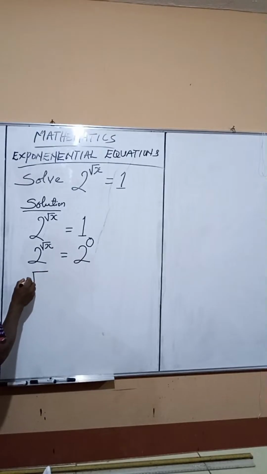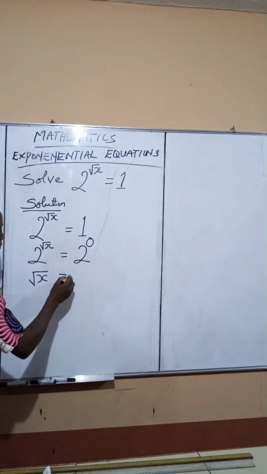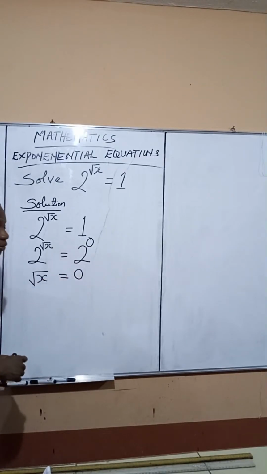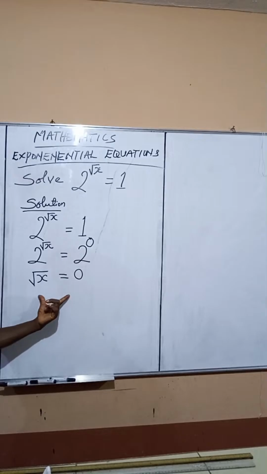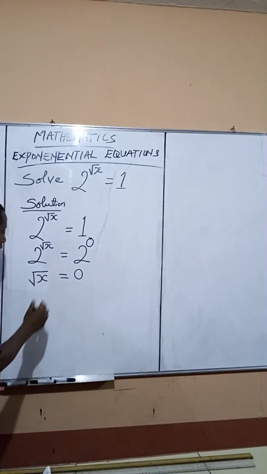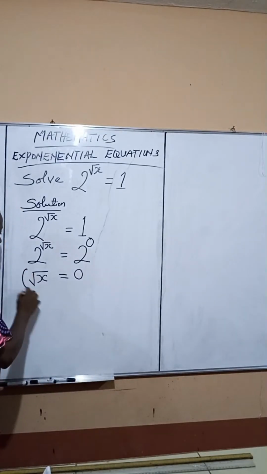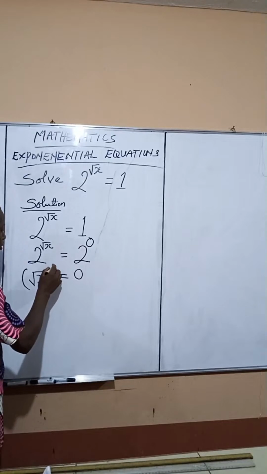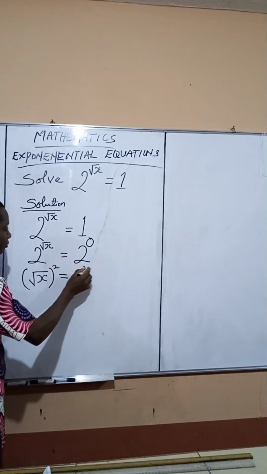We are now going to be left with the square root of x equal to what? 0. And we know what the answer is, right? So what should be the answer? It is very simple. Now we are going to square both sides.